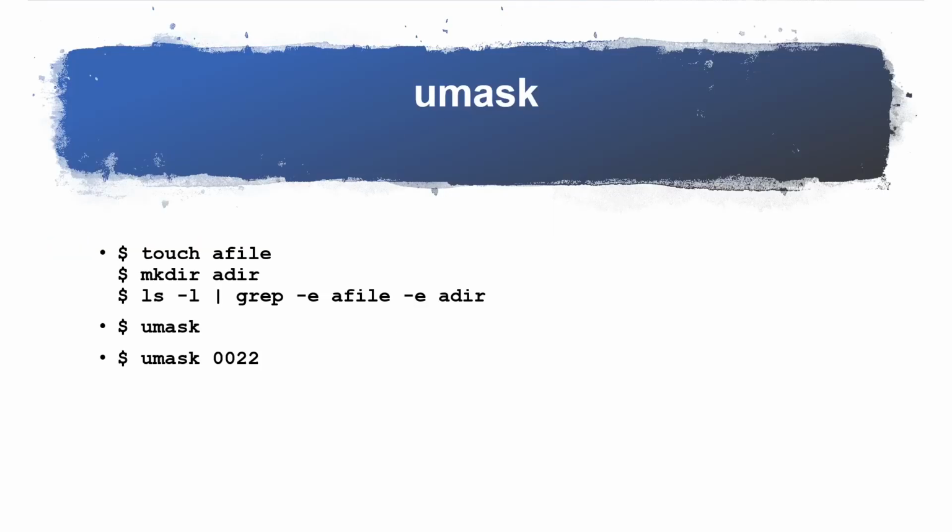Umask. The default permissions given when creating a file are read, write for owner, group and world, 0666, and for a directory it is read, write, execute for everyone, 0777. However, if you do the following: touch afile, mkdir adir, ls -l | grep -e afile -e adir, you will notice that actual permissions have changed to 644 for a file and 755 for a directory.